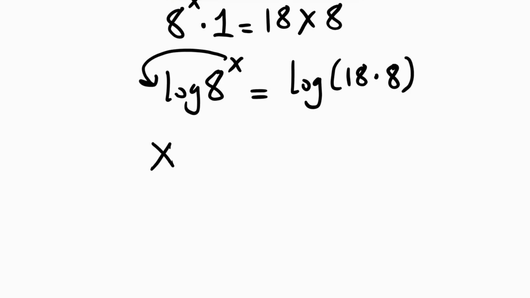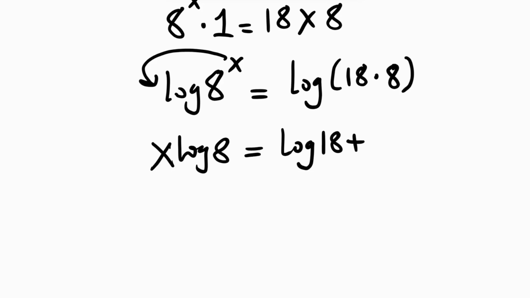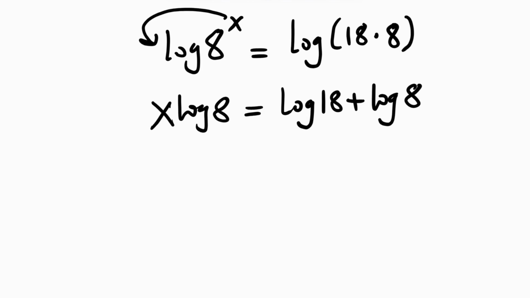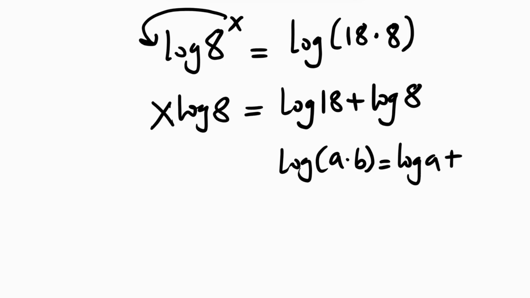So we have x log 8 equals, the right hand side becomes log of 18 plus log of 8, because we know that log of a times b is equal to log of a plus log of b.